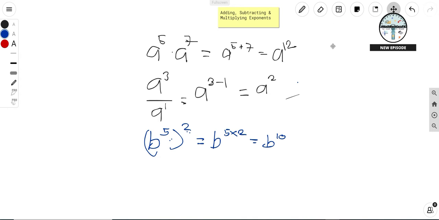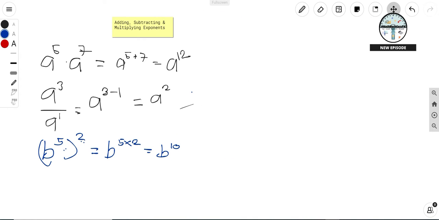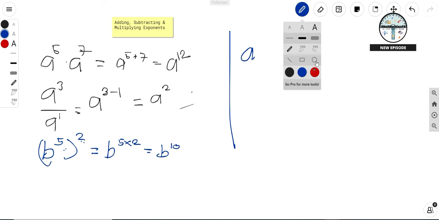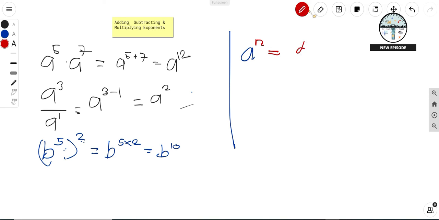If we recap, we know that a raised to n is equal to a times a times a, and so forth, and the number of a's would be n times.